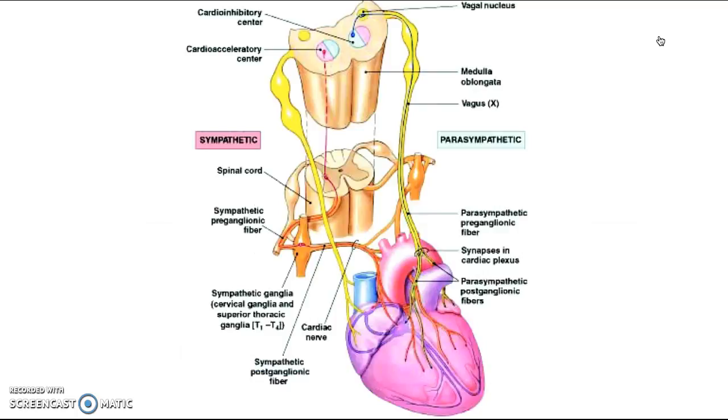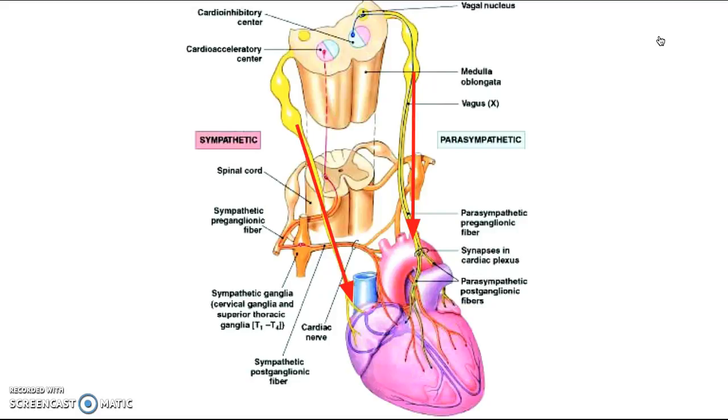So the pacemaker cells within the SA node are responsible for a basic heartbeat, but when complications arise, the autonomic nervous system, or ANS, is able to modify the heartbeat. There are both sympathetic and parasympathetic divisions that innervate the heart.